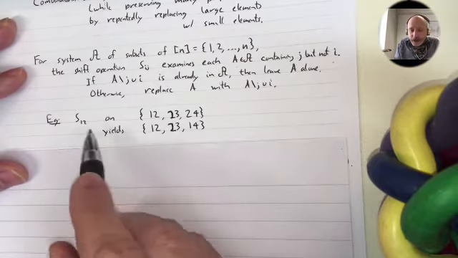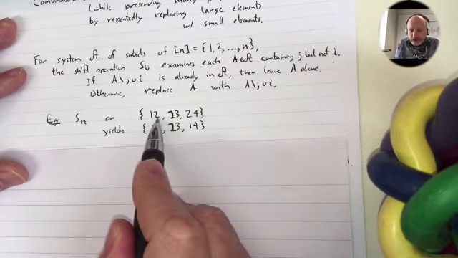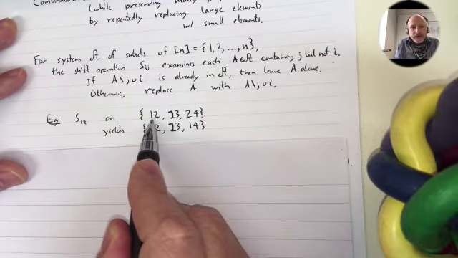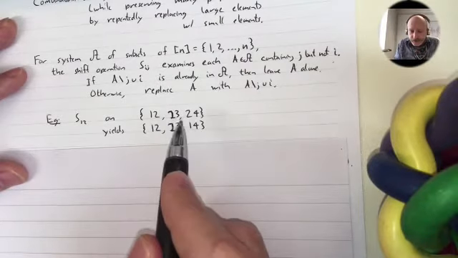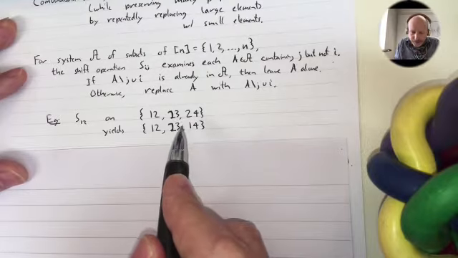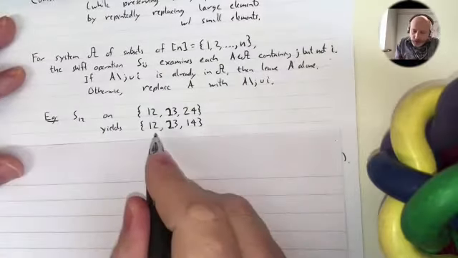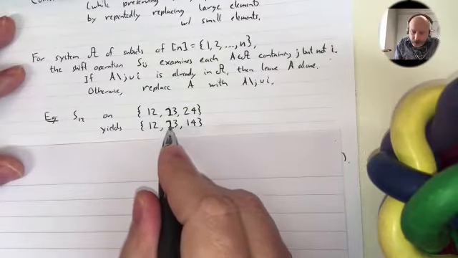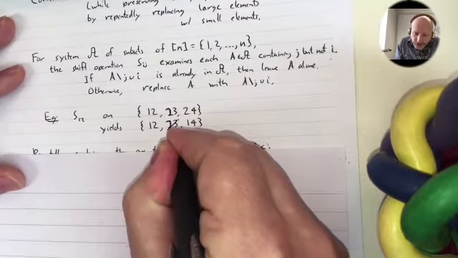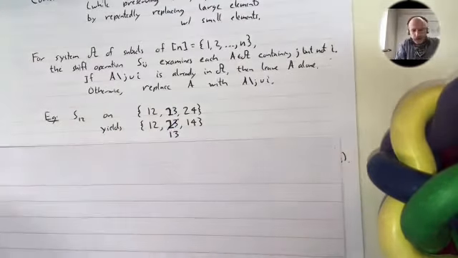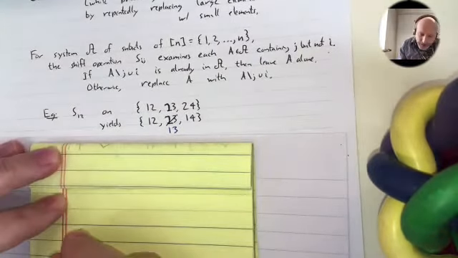If I apply S_12 to this, then, let's see, 12 contains 2, but it also contains 1, so I'm going to leave it alone, and it just comes through. Now, I look at my 23. Oh, and I messed up my example. Right. I look at 23. I'm going to try to replace that 2 with the 1, and in fact, I can do that. So I will get 13, and similarly with 14. So let me do the example I was intending.